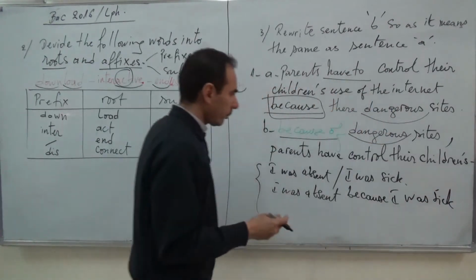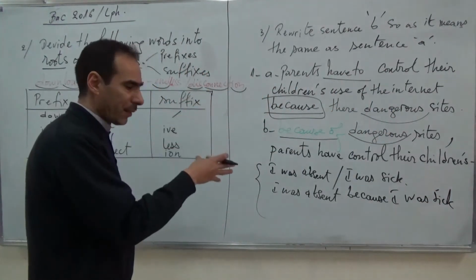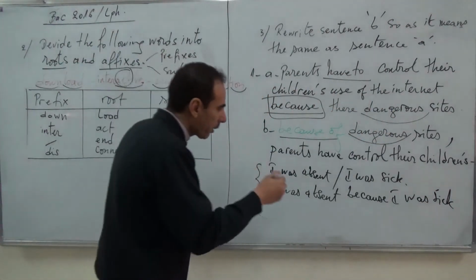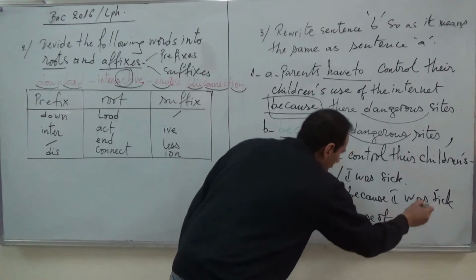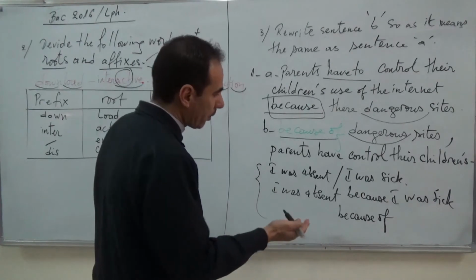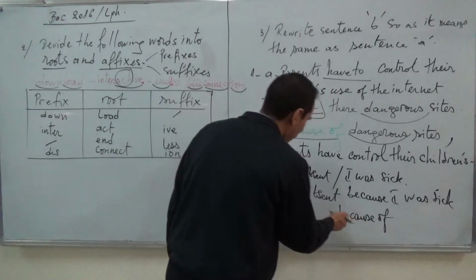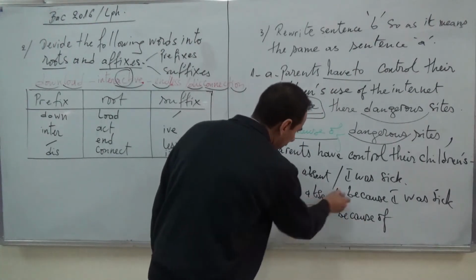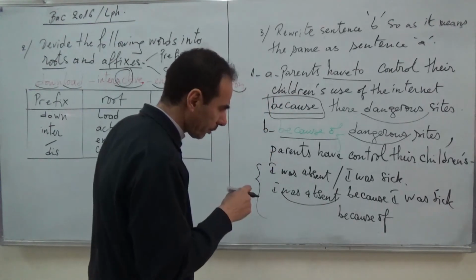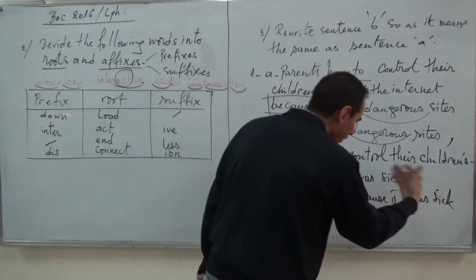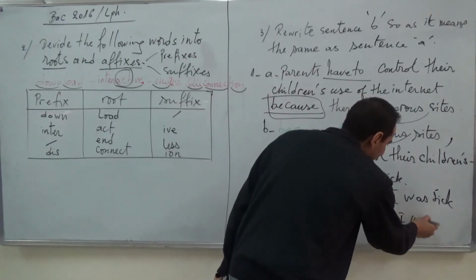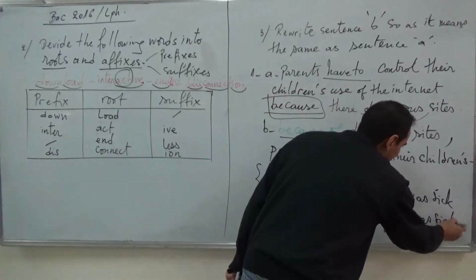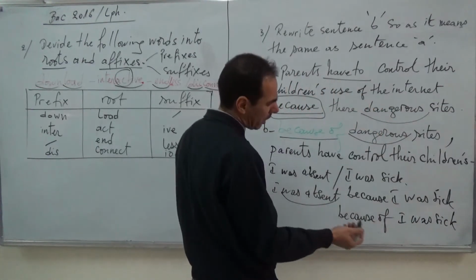But if I tell you to give me the same sentence but with because of, from the moment because of modifies the verb, it doesn't need another subject with verb. For example, I can't say because of I was sick. Because of I was sick, it doesn't go.